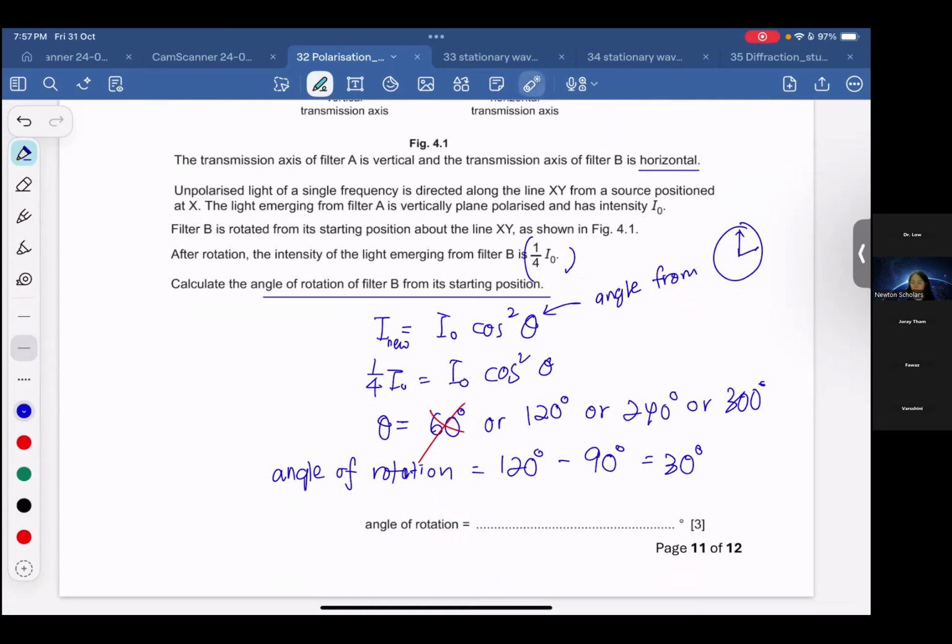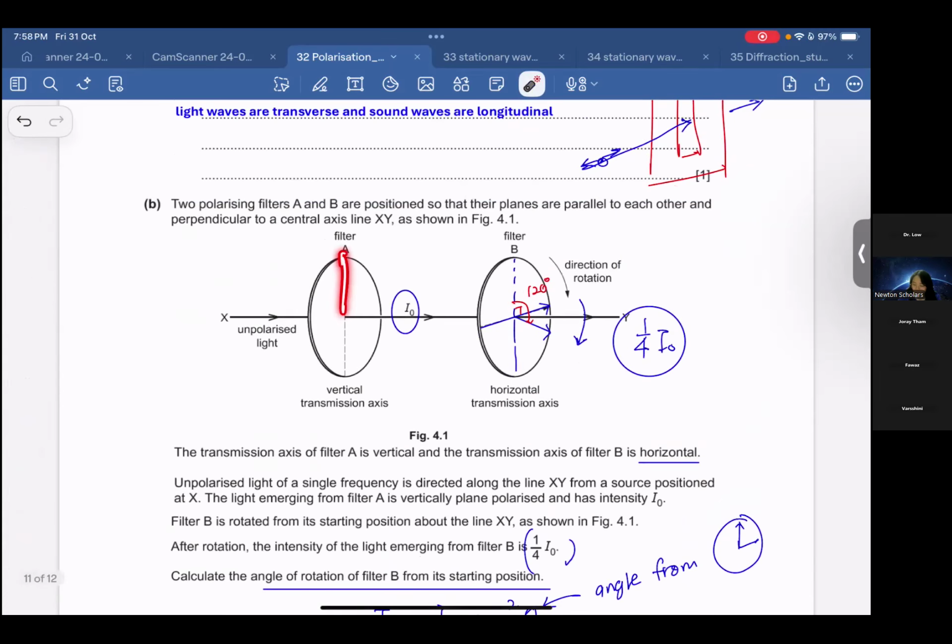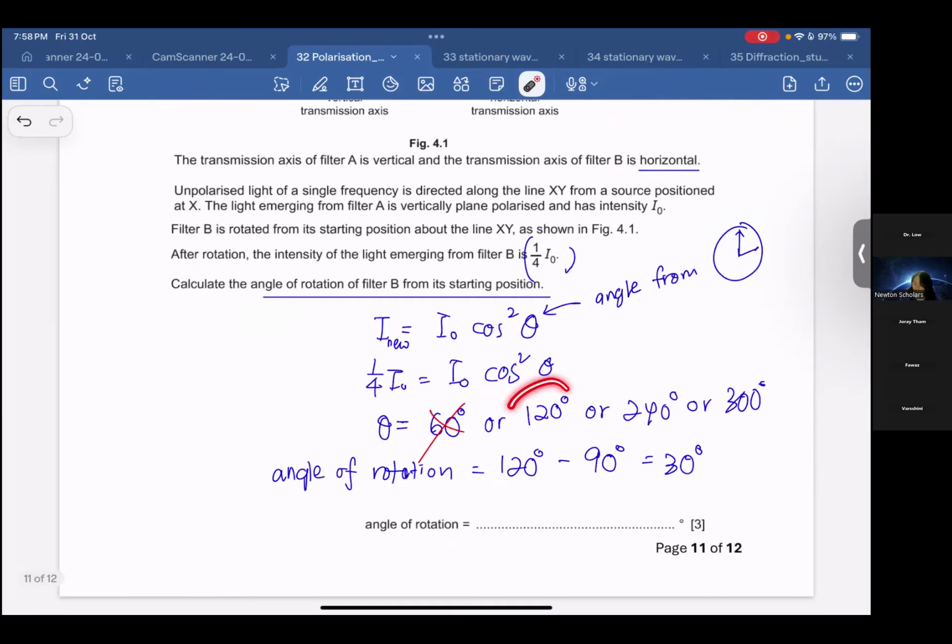Okay, here the difficulty is, I repeat, this angle that you count actually is compared with your first filter. What is the angle that you need to rotate? So we get 60, that means that we rotate like this, 60 degree. But this is not our answer because on our filter B, we are starting from 90 degree here. So we can only refer to the second answer, 120.